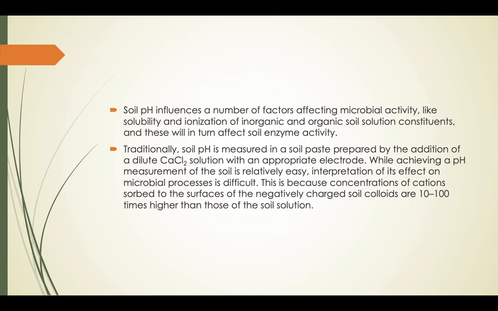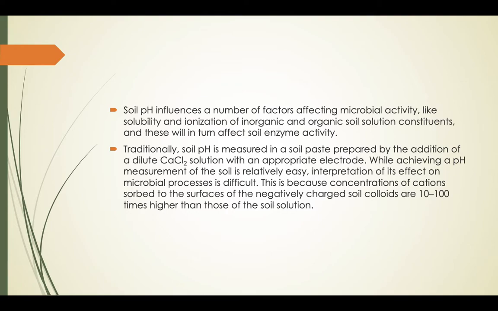If we did this in the lab, that's what we are going to do, composite sampling. Now going back to pH measurement. While the process of reading the pH is relatively easy, we must remember that interpretation is quite difficult, especially if we want to associate it with microbial processes. Why is that?